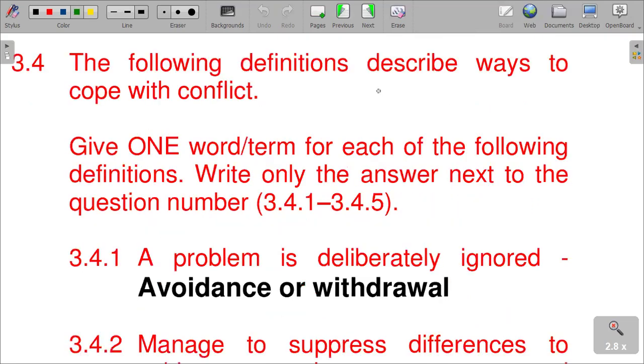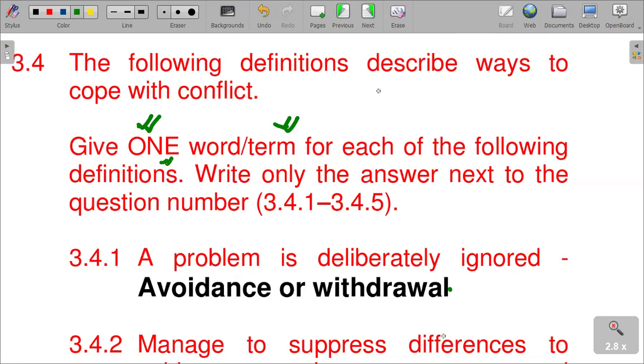The following definitions describe ways to cope with conflict. Give one word or a term for each of the following definitions. Write only the answer next to the question numbers, as I've done there.